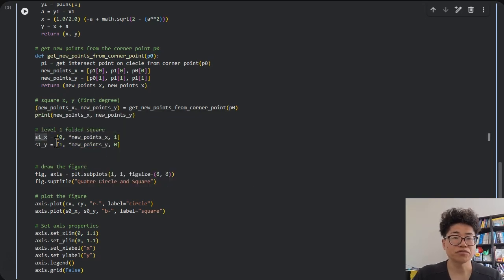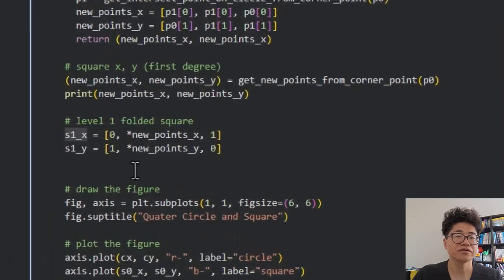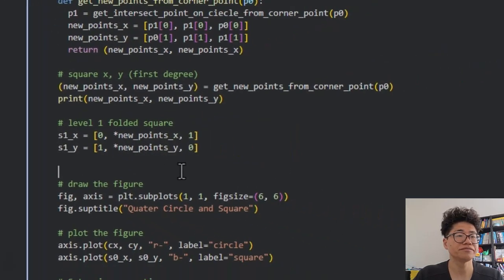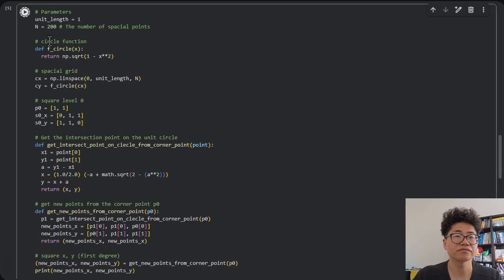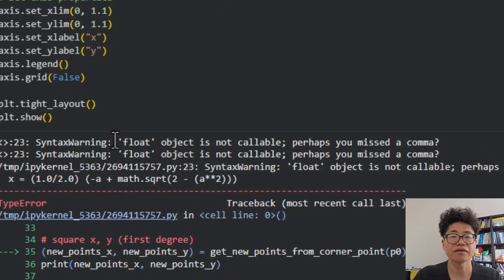So level 1 approximation starts with 0, 1 and P1L, P1, P1R and ends at 1, 0. So starting at 0, 1, generated points, 1, 0. And let's draw the first approximation too. Okay. Float object is not callable.